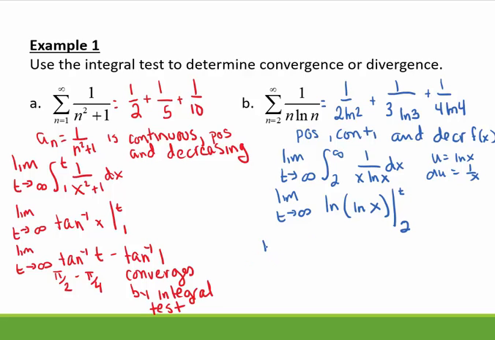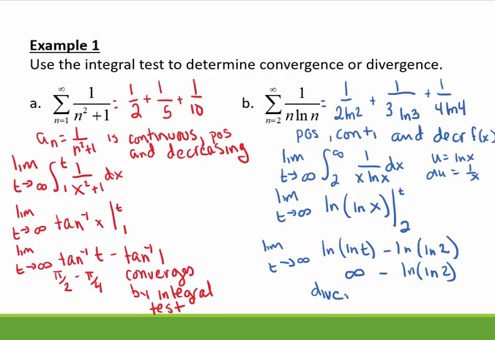So I have the limit as t goes to infinity of the ln of the ln of t minus the ln of the ln of 2. Well, as I go to infinity, ln of infinity is infinity, so I'd have basically an infinity minus whatever this value is. So this diverges by our integral test.